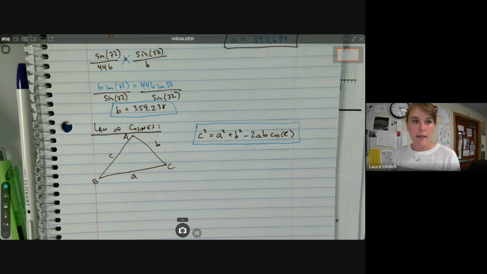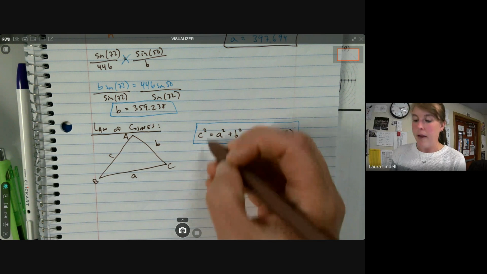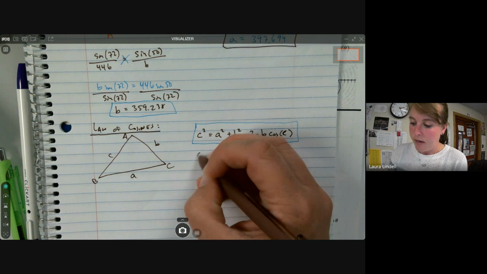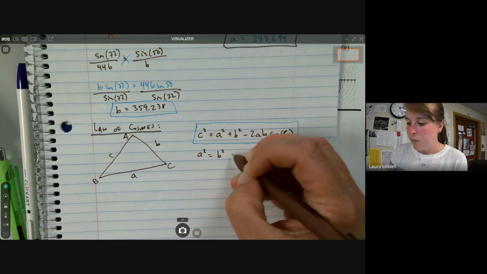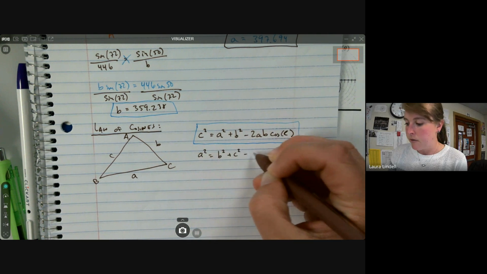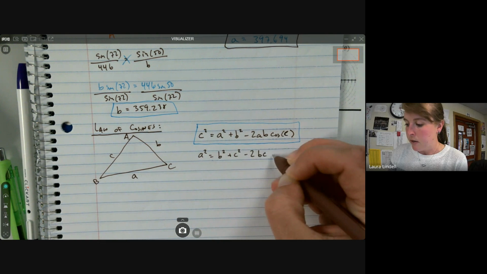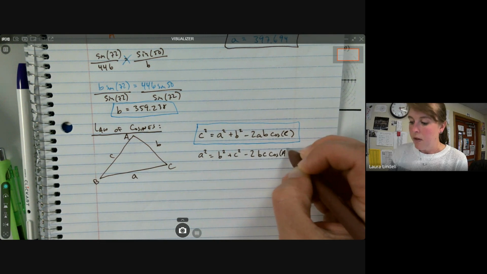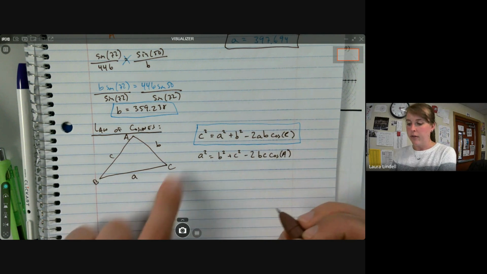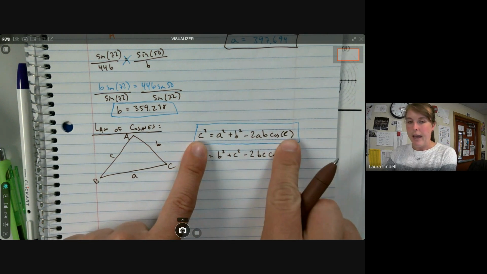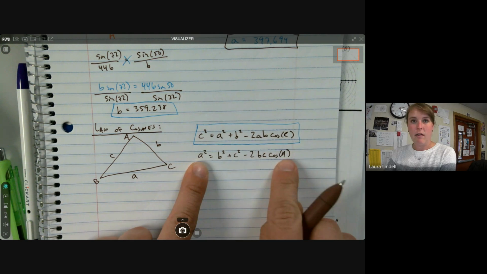And then the other formats of this: A squared equals B squared plus C squared minus 2BC cosine of A. We kind of see the pattern, right? Whatever is over here, that's the angle that goes inside. Whatever's over here, that's the angle that goes inside.